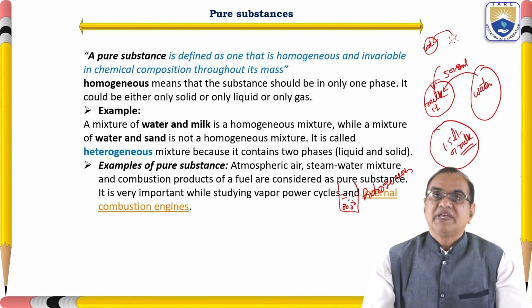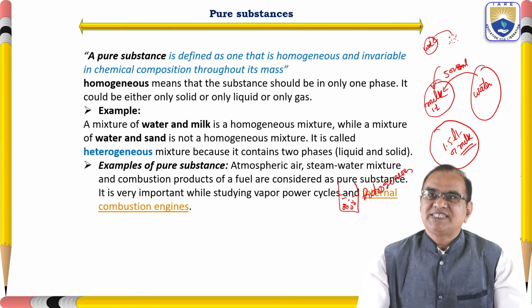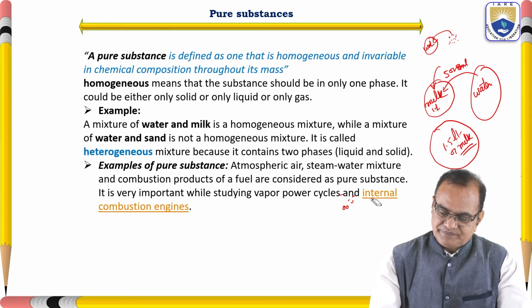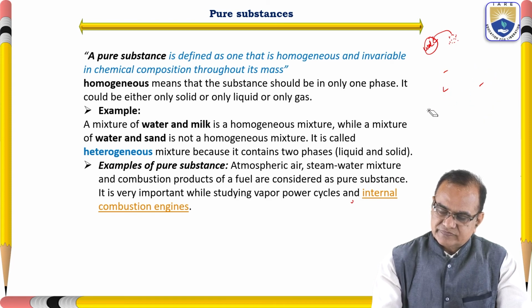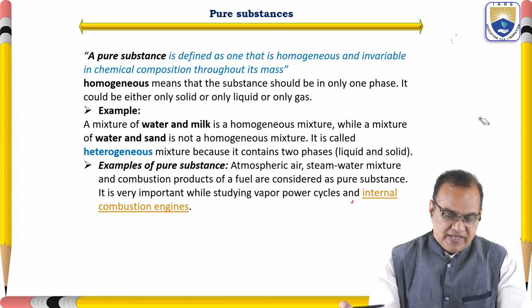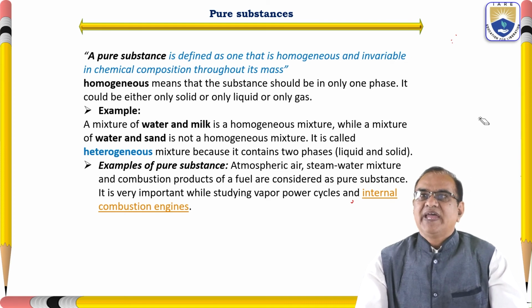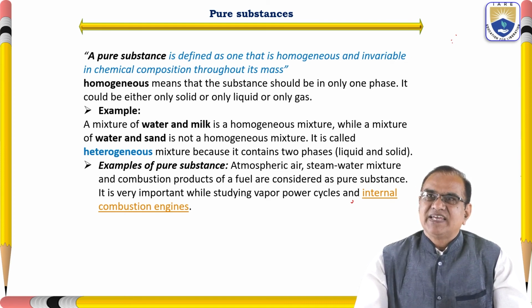Okay. So an example of a pure substance is atmospheric air. Atmospheric air is a pure substance. Steam and water mixtures are pure substances, and combustion products of fuel are considered a pure substance.